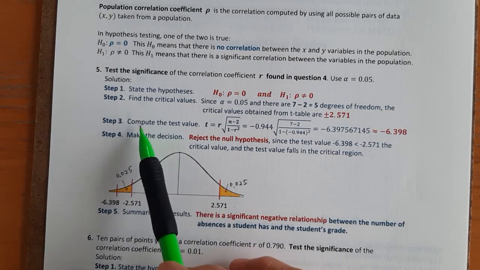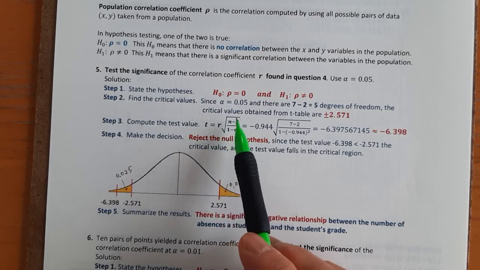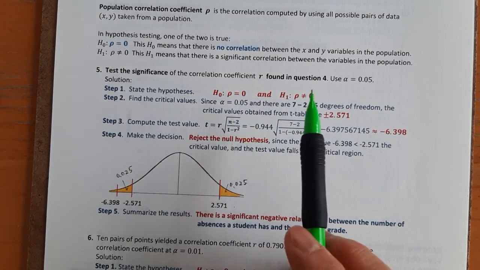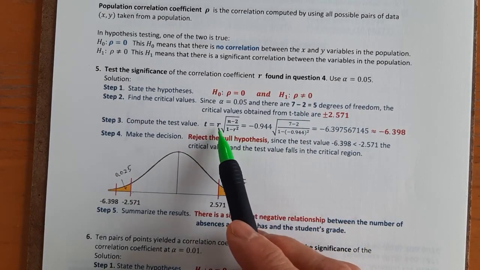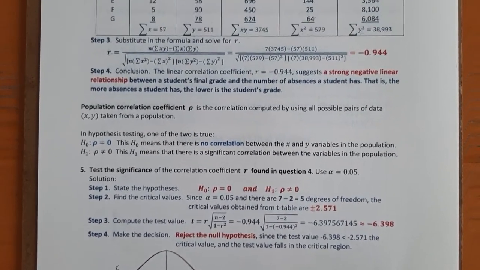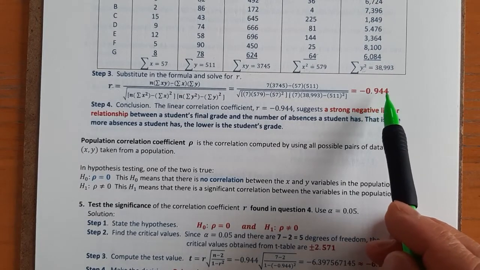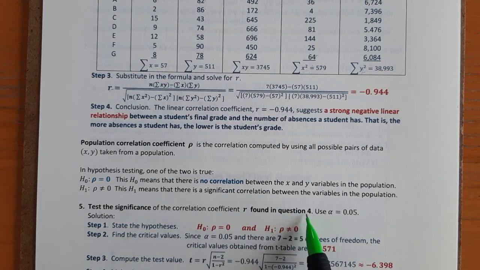Step 3, we find the test value using the formula t equals r times the square root of n minus 2 over 1 minus r squared. r is taken from the previous question 4, because this question asks you to test the significance of the correlation coefficient r found in question 4.